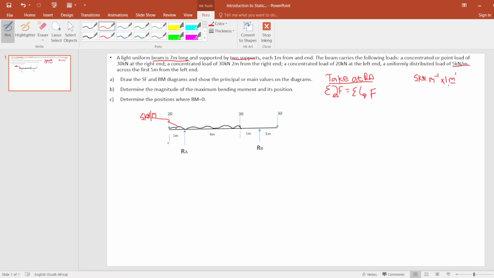The bases are the same, so we add the exponents: -1 plus 1 equals 0. Any number to the power 0 equals 1. Then the force there is 5 kilonewton.